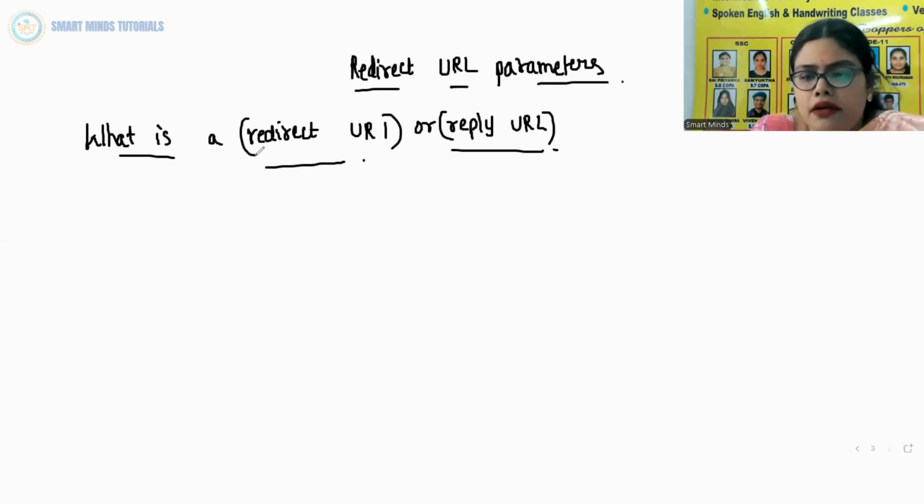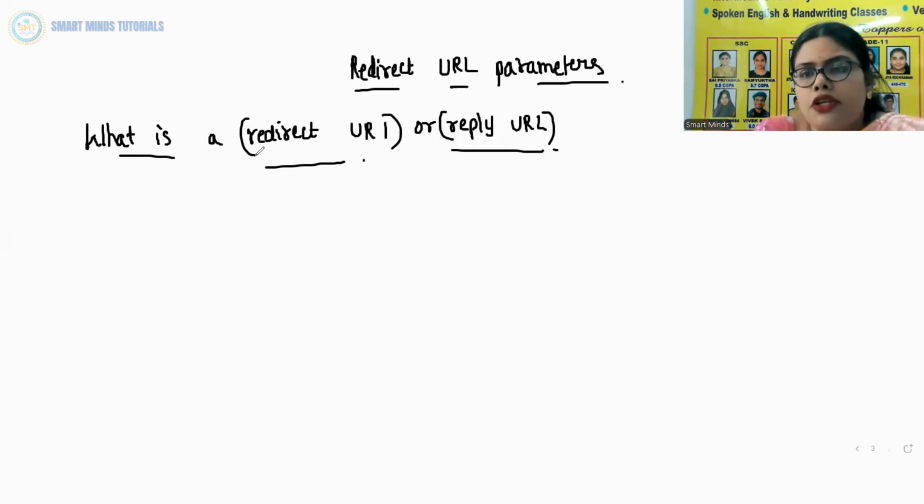To sign in a user, your application must send a login request with a redirect URI specified as a parameter. After the user has successfully signed in, the authentication server will redirect the user and issue an access token to the redirect URI specified in the login request.